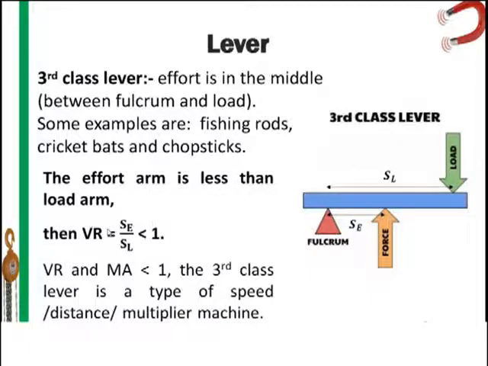If we use the velocity ratio expression, which is the distance of the effort from the pivot divided by the distance of the load from the pivot, or in other words the effort arm over the load arm, then the fact that the effort arm is less than the load arm means that the velocity ratio is going to be less than 1, because the value for SE is always going to be less than the value for SL.